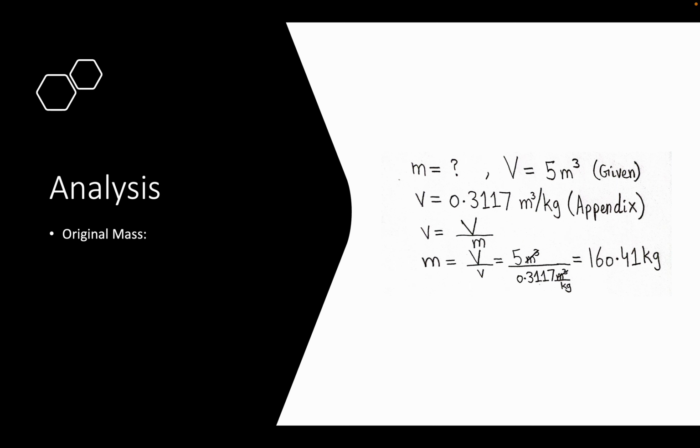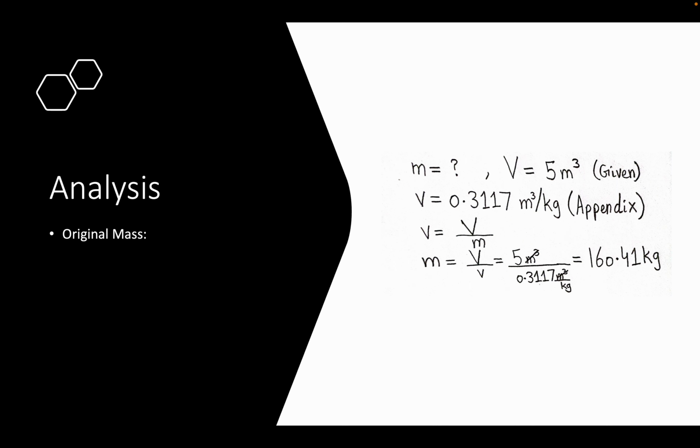So in the analysis, to find the error, we must know the original mass. To find the original mass, we're going to use the volume and specific volume values. As specific volume is equal to volume over mass, we just do a replacing and shifting in the equation, which makes mass equal to volume over specific volume.